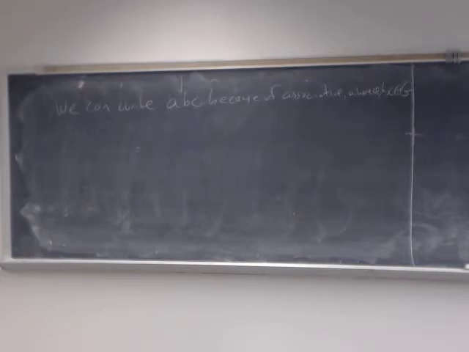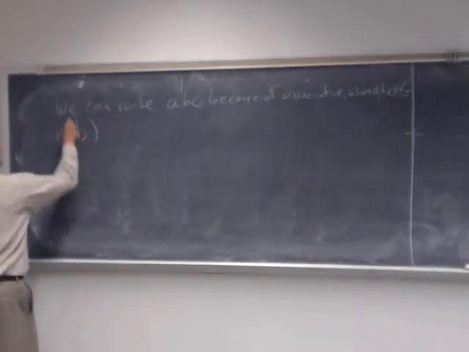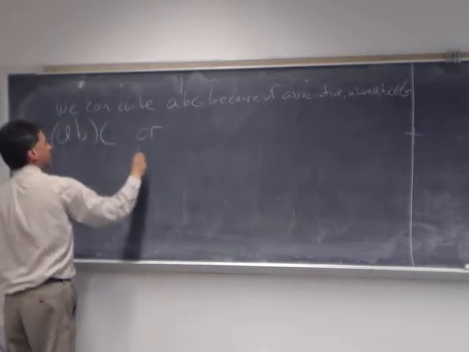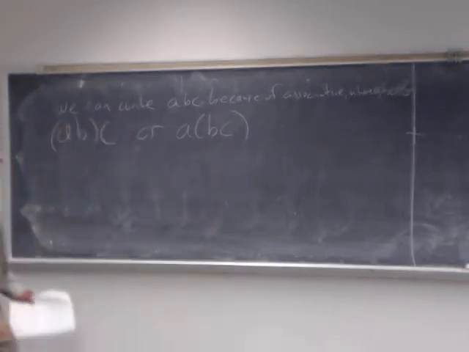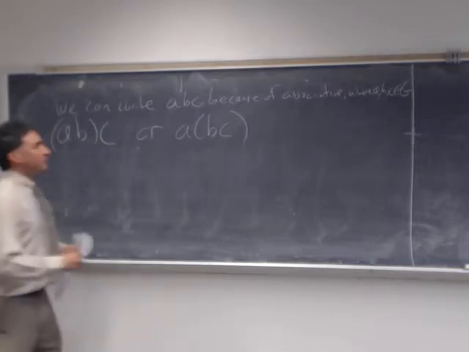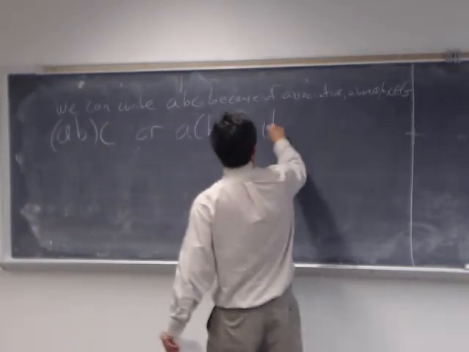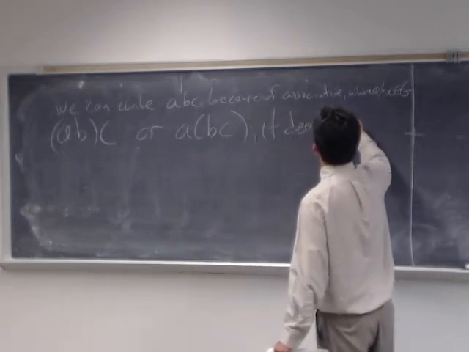If we have three elements A, B, C in G, do we mean this, or do we mean that? If we see three numbers, really we can only multiply two numbers, so which is it? But because of associativity, it doesn't matter, the result's the same.